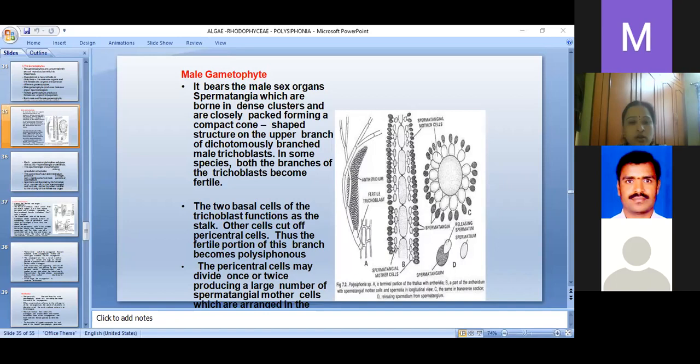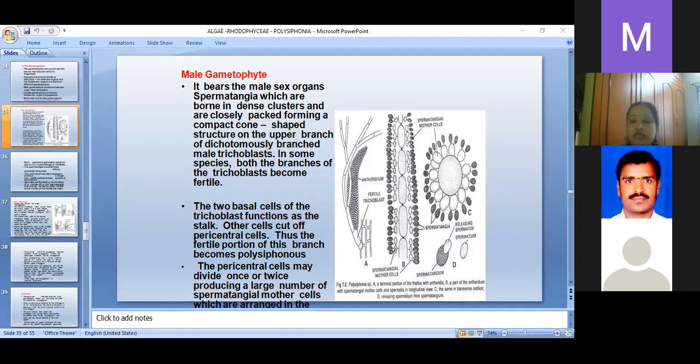After this, you can observe the formation of tetraspores. The cystocarp or carposporophyte is a parasite on the female thallus. In Polysiphonia the cystocarp is attached as a parasite on the female thallus.